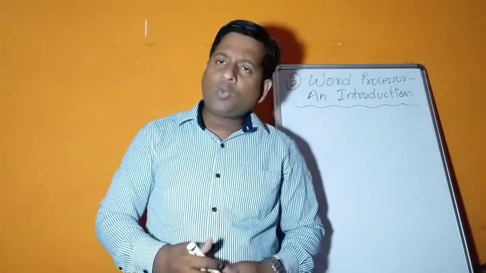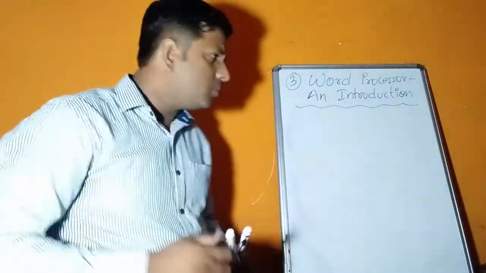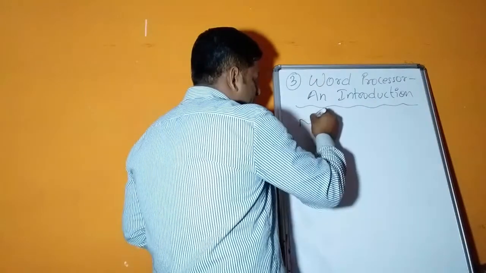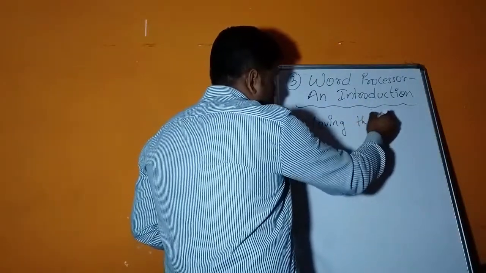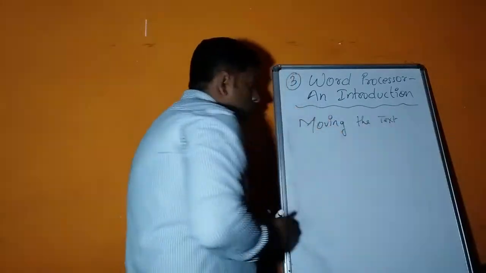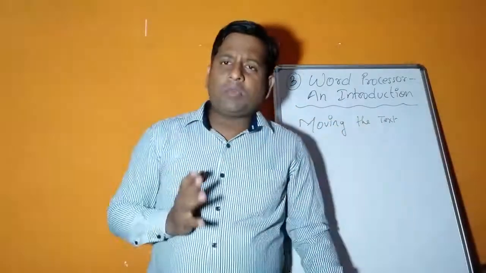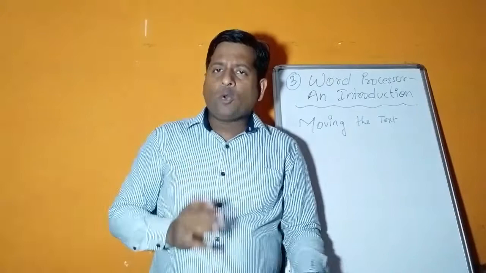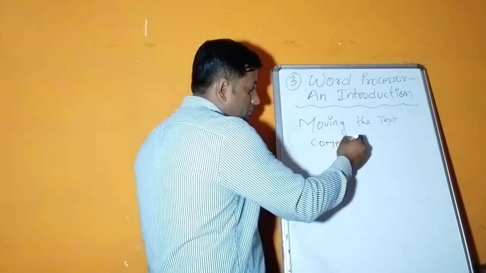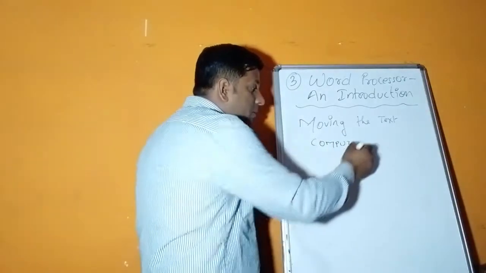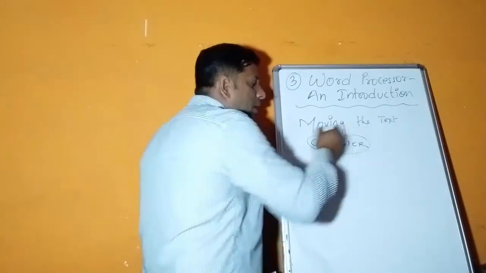Now children, let us move to our next topic, that is moving the text. What does moving the text mean? Suppose any text is there, like computer. Moving means you have to shift its place.